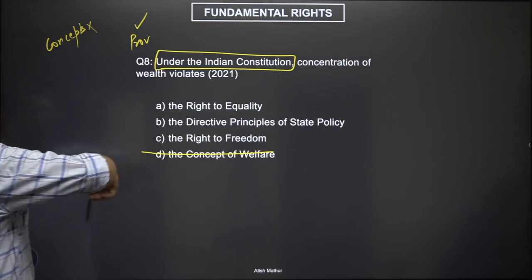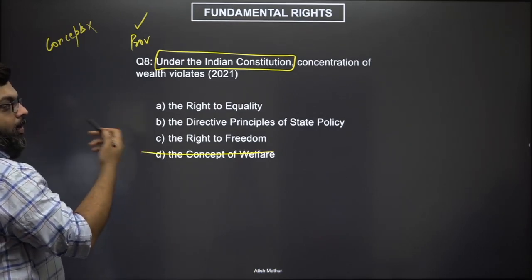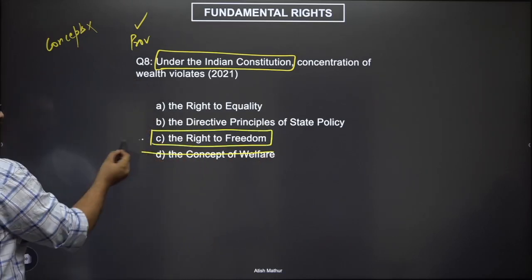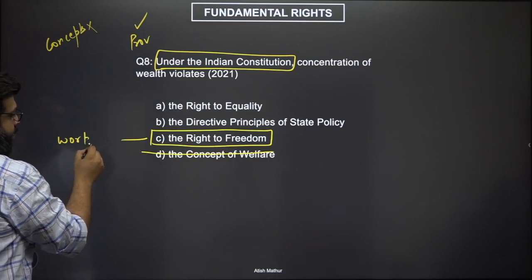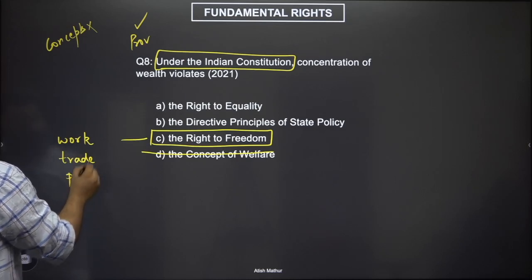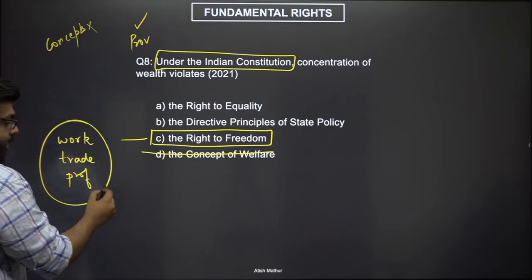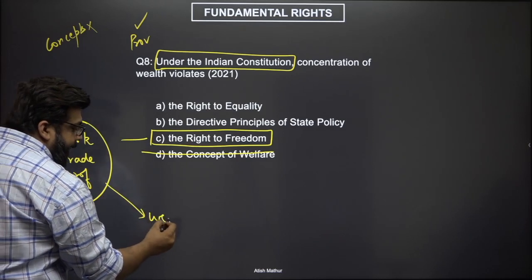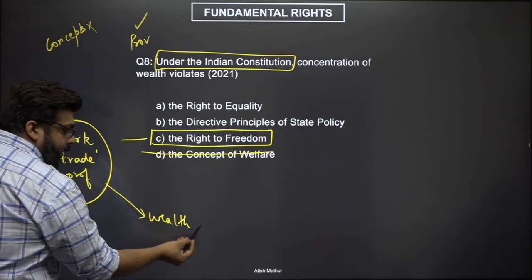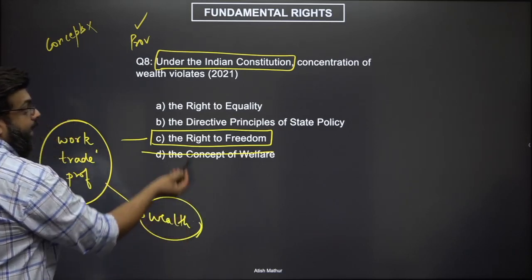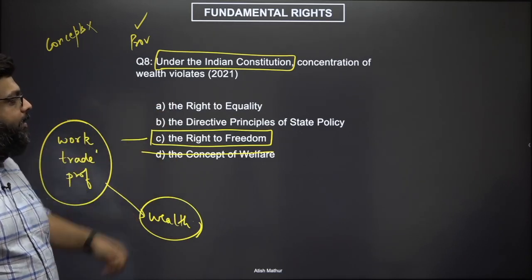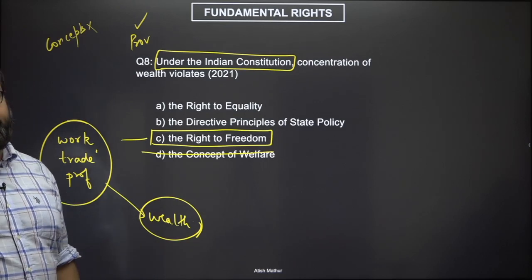Now, think about it. There is a contradiction. If I have the freedom to work, I have the freedom to be a part of any trade, profession, whatever it might be. This means I have the right to work as hard as I can, to amass as much wealth as I can, right? So if I have the freedom to work, to earn some rewards, then how is it even violating the essence?